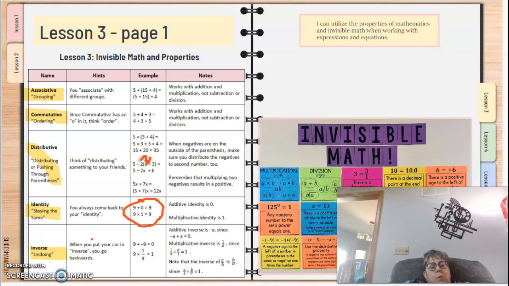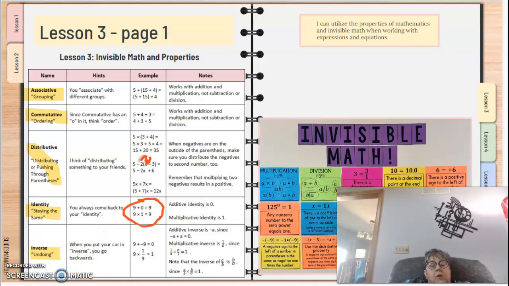Inverse is basically the undoing. It's the opposite. It's going backwards from the operation. So the opposite or the inverse operation for adding would be subtracting.